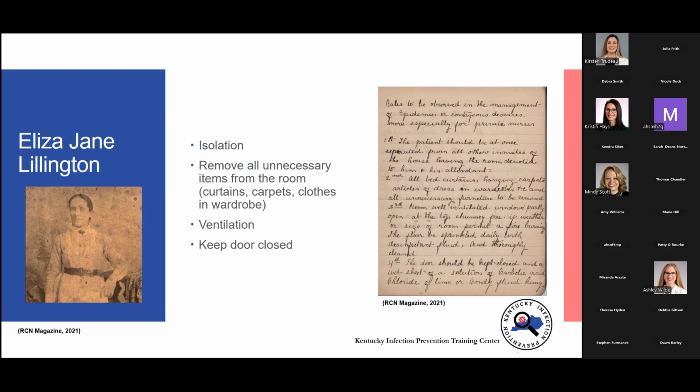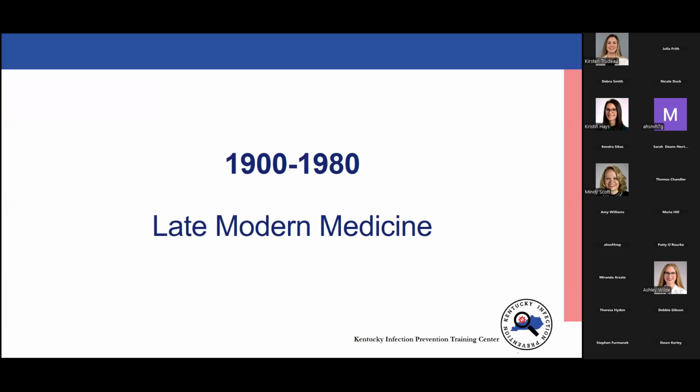Fourth, the door should be kept closed and a wet sheet of solution of carbolic acid, chloride of lime, or Condy's fluid hung. So again, as we move through time, you can see that these things are not unlike the things that we do today. It's interesting to see that in 1887, we knew some of these things were important, and how some things have evolved while others have stayed consistent over time.